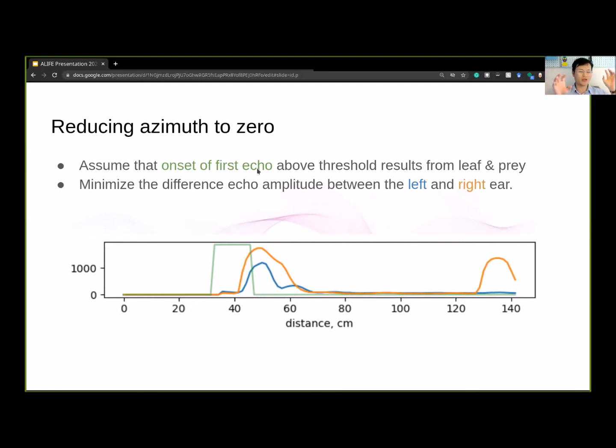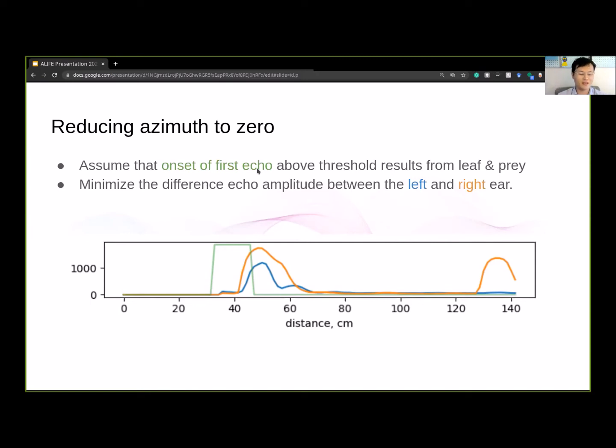In other words, they're just trying to minimize the difference in loudness of the echo between the left and right ear. For example, if the target is a little bit on the right, I will hear a louder sound on the right, right? So I have to turn more to the right in order to balance my left and right ear.